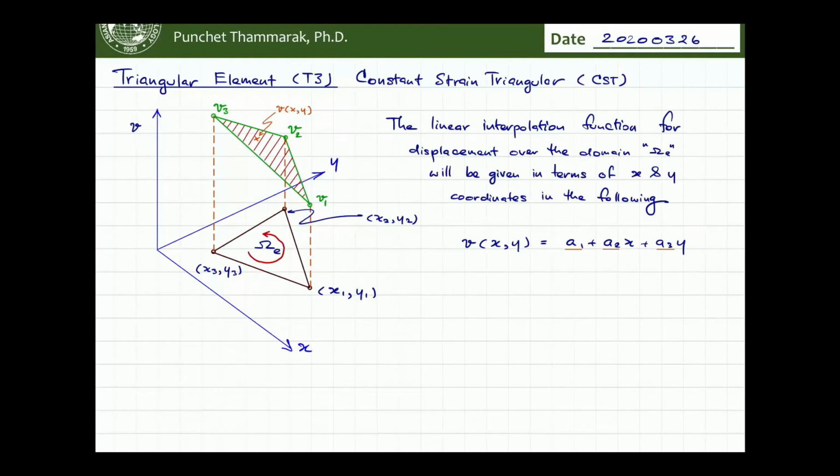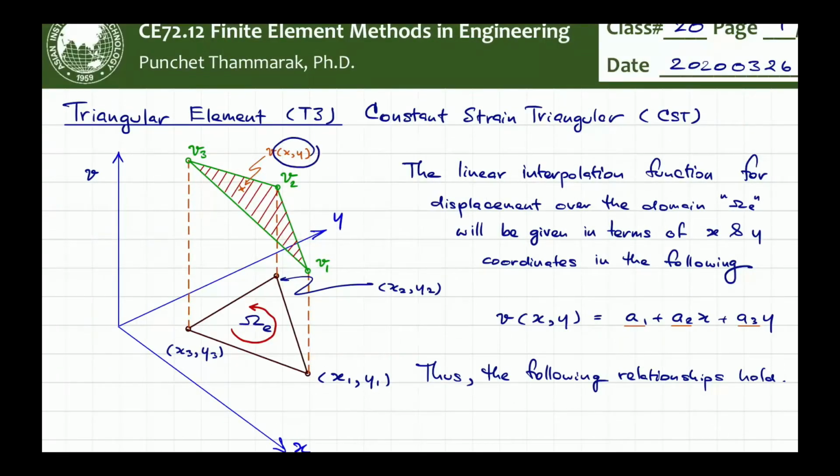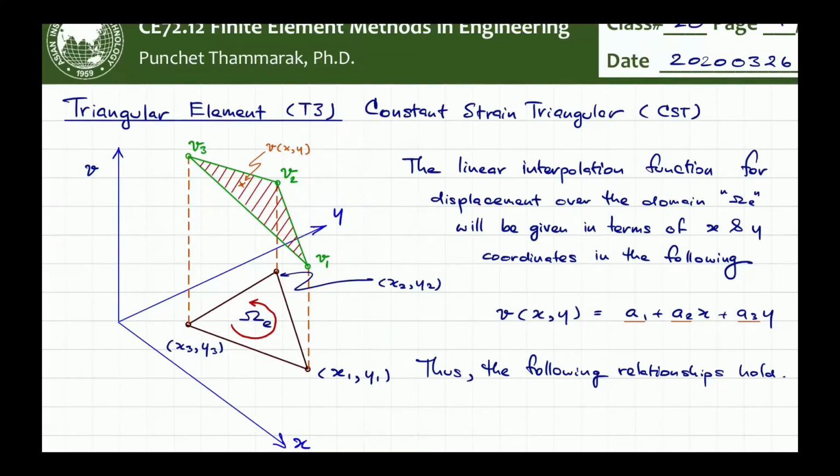Thus, the following relationship: if I substitute the xy by this, or even further to 2, what you're gonna end up with is the v1, v2, and v3, right?